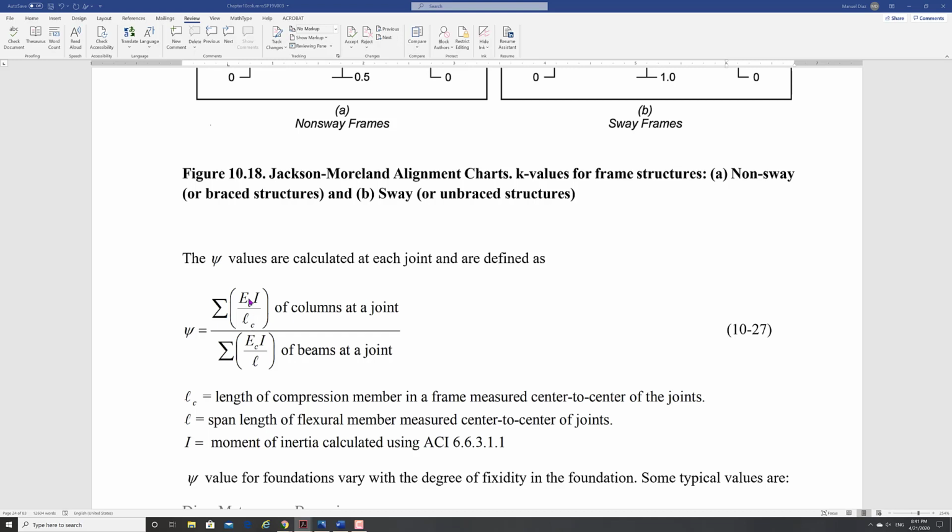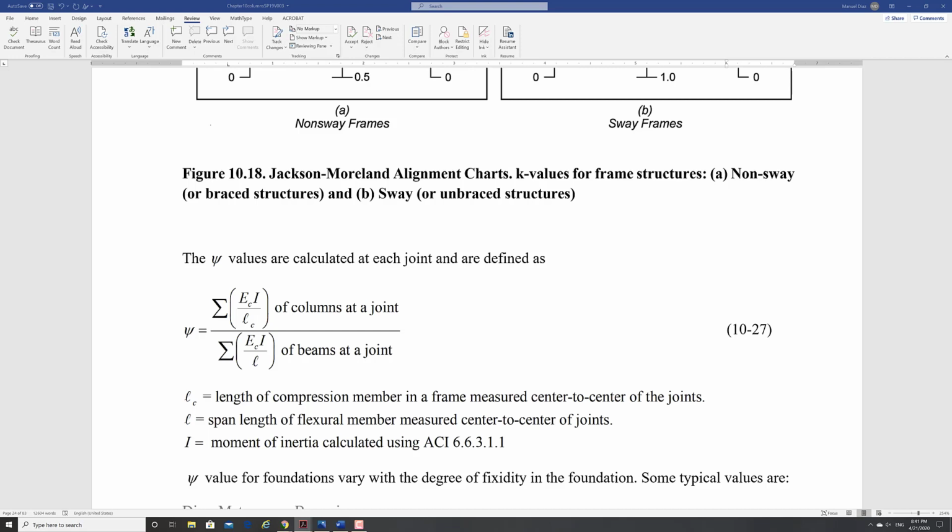We are using this Ec for concrete, and we're using the I that we're going to calculate based on recommendations from the code in section 6.6.3.1.1.